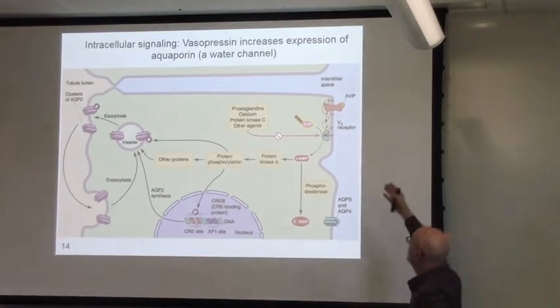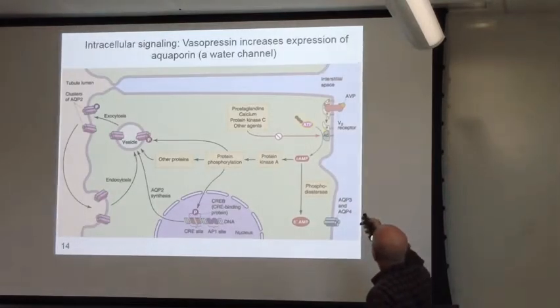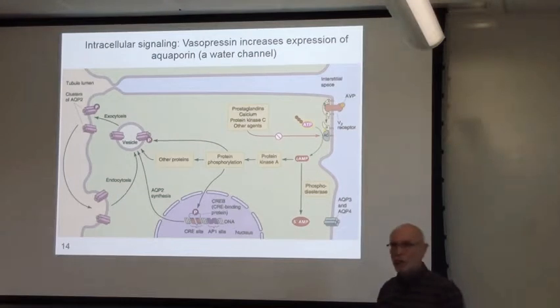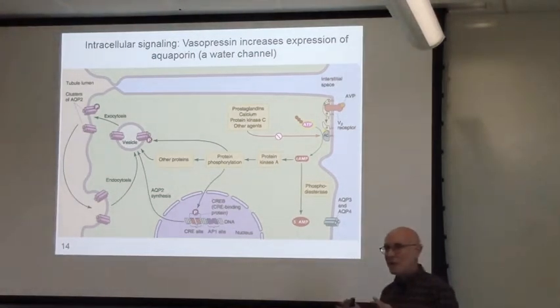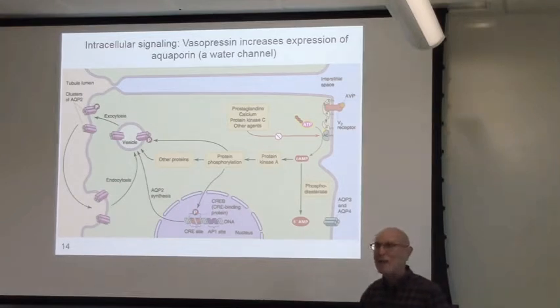So in the absence of vasopressin, these vesicles are endocytosed, and you remember endocytosis, clathrin, dynamin, targets, you remember all that. It's in there. You just got to pull it out in the right time, in the right place.